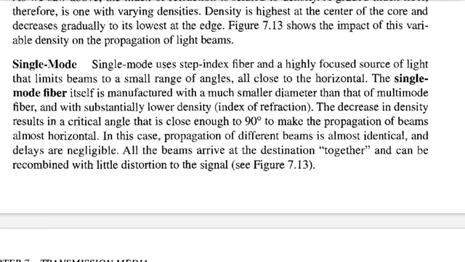The decrease in density results in a critical angle that is close enough to 90 degrees to make the propagation of beams almost horizontal. In this case, propagation of different beams is almost identical and delays are negligible. All the beams arrive at the destination together and can be recombined with little distortion to the signal.